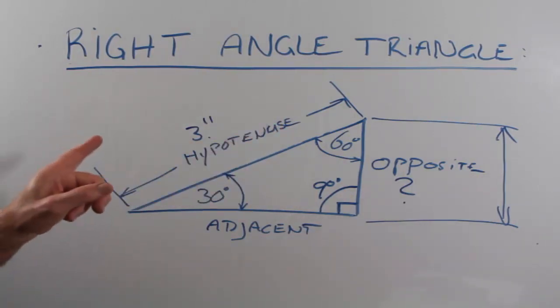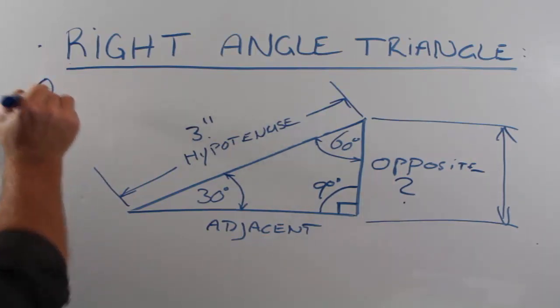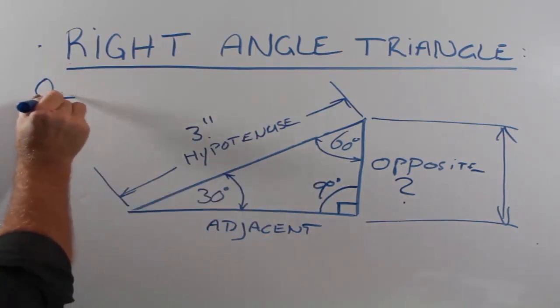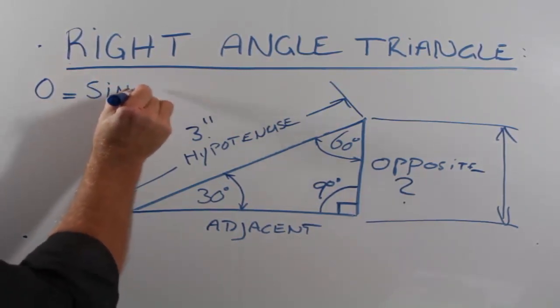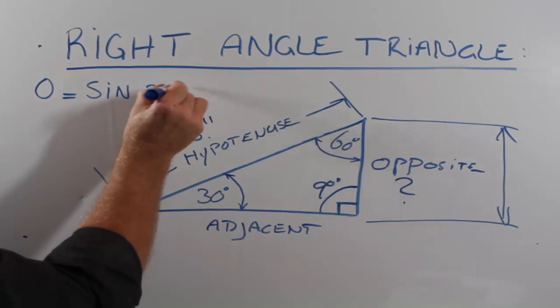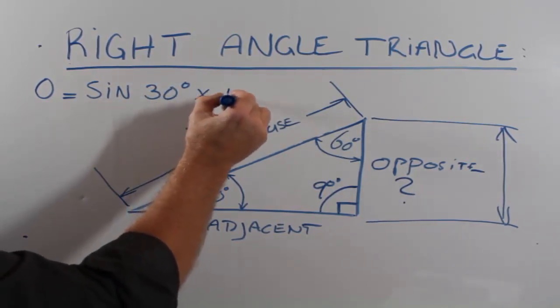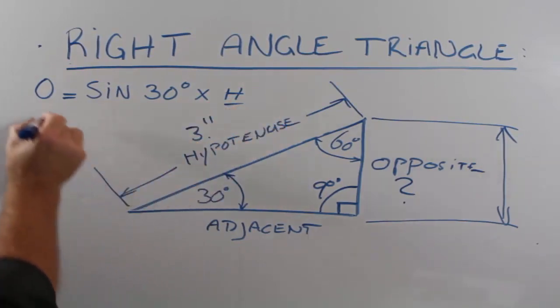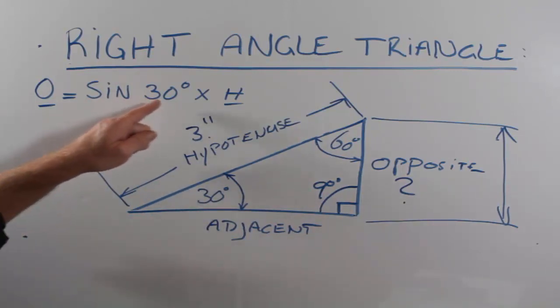So for this particular calculation, we're going to say O, which is the opposite leg, equals the sine of 30 degrees multiplied times the hypotenuse. H is the hypotenuse and O is the opposite leg. Now why did I pick sine?